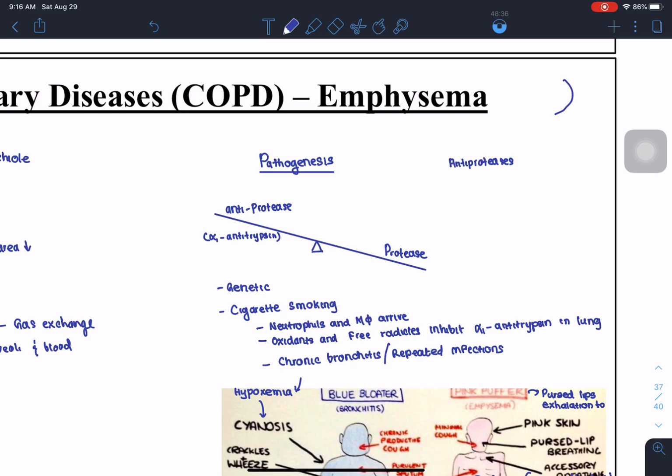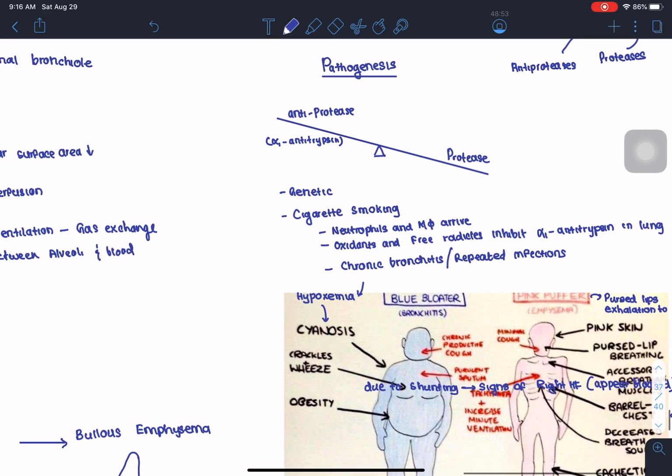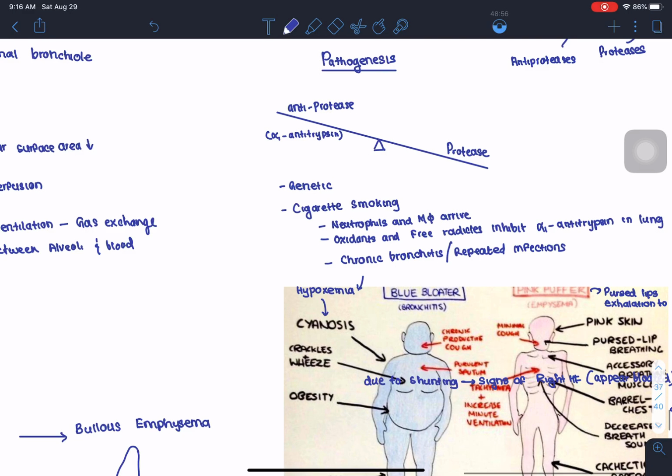What are all structures made out of? Proteins. So the alveolar wall, it prevents the destruction of these walls. It prevents proteases from going and destroying this wall. These are antiproteases. They inhibit the proteases. And the type we are concerned with in the lungs is called alpha-1 antitrypsin.